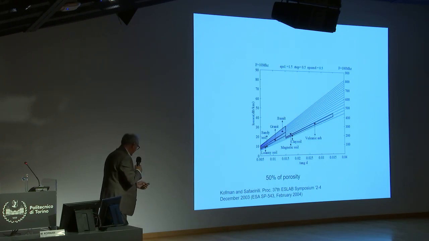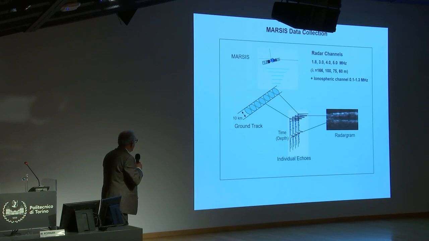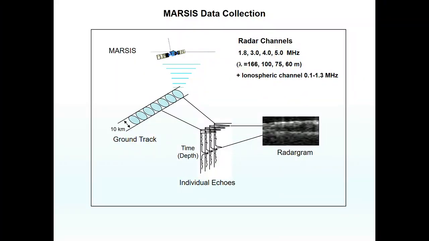Okay, I think that I have to accelerate. How do we measure? I will show results, so you have to be able to read it. This is the fast time, which means that the time between two impulses of the radar is on this scale, and the slow time is the moving of the spacecraft on the orbit.